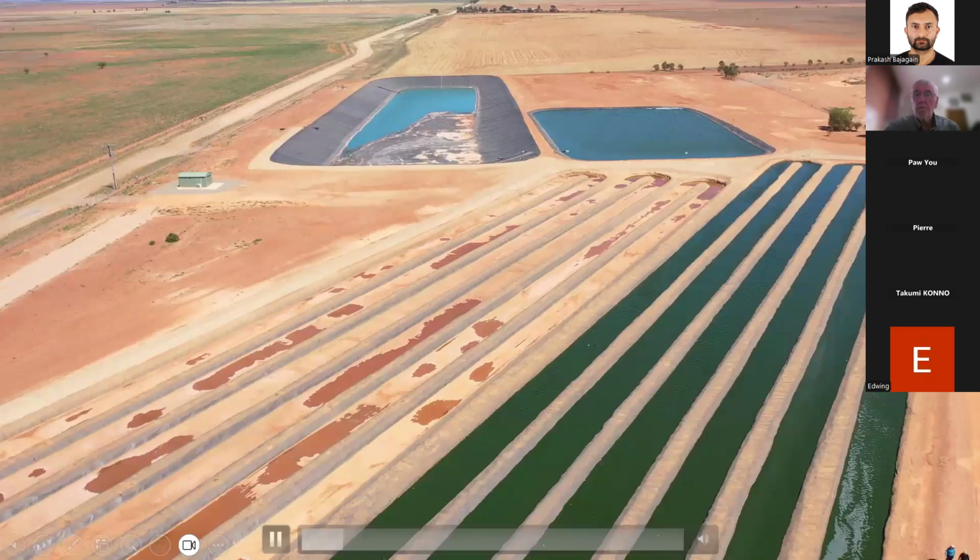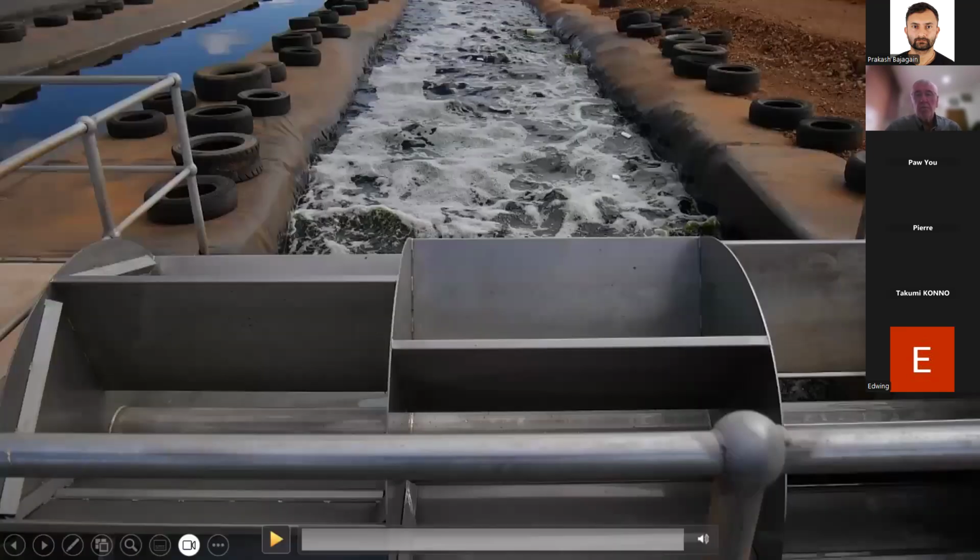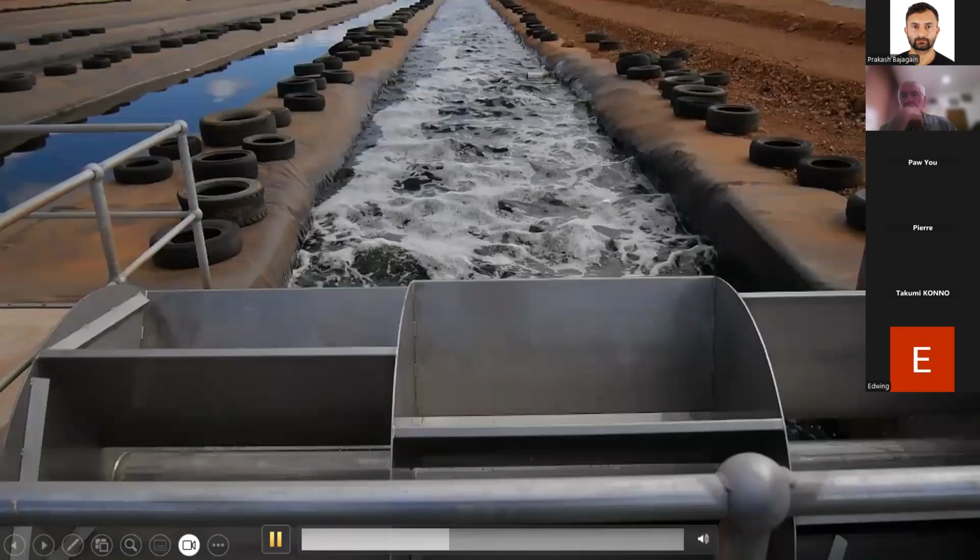So that's the paddle wheel doing the mixing.